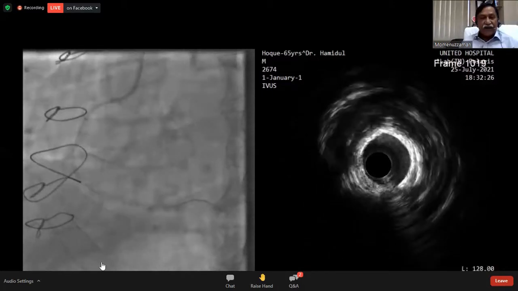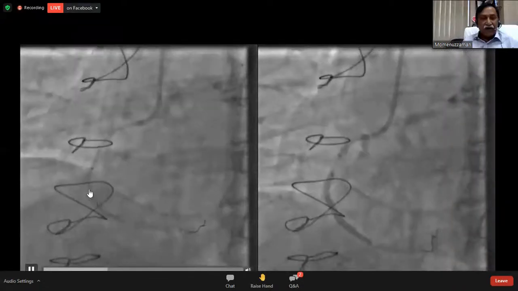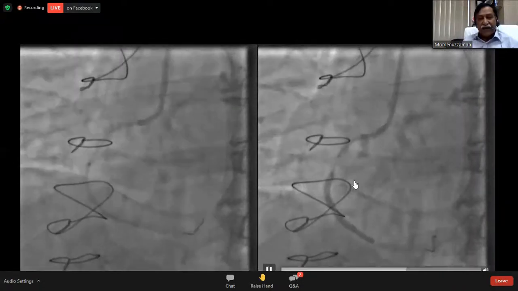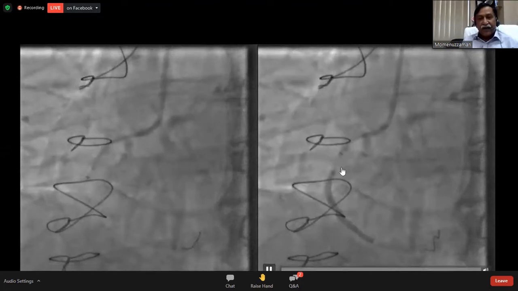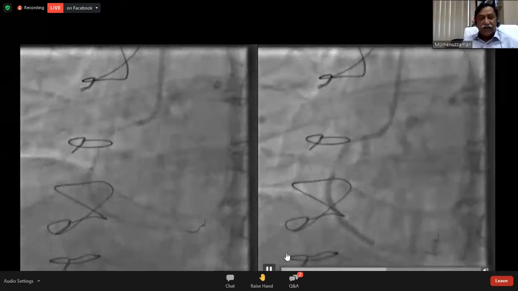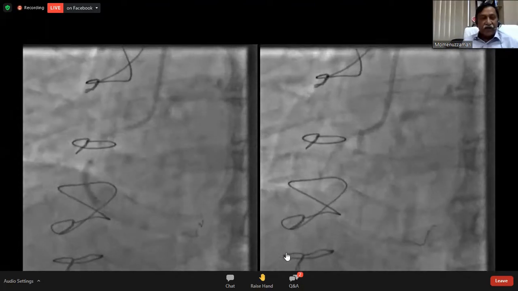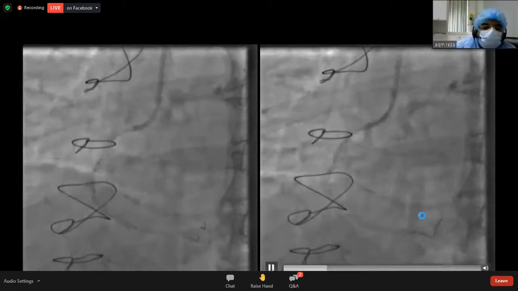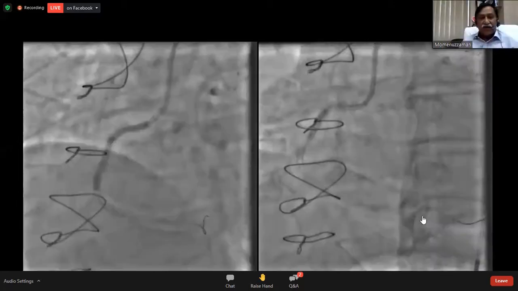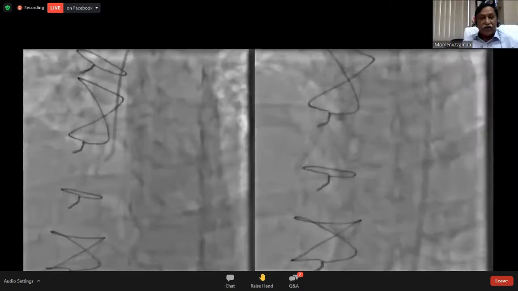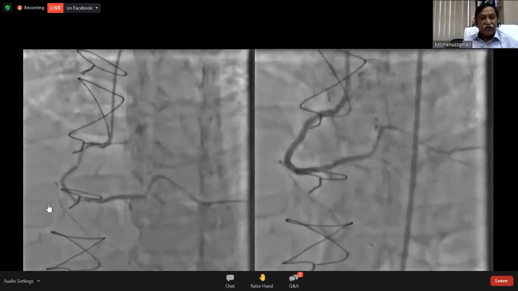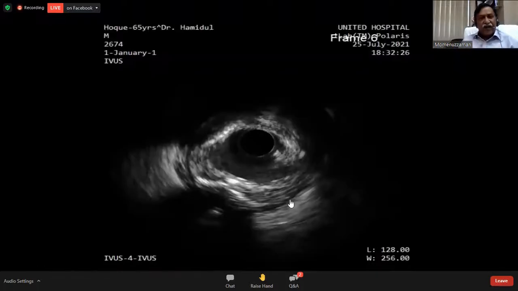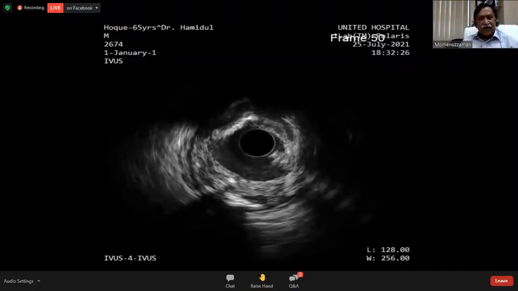So after that, I put a stent, the distal one, with the help of Godzilla, dilated it, and again I passed the Godzilla at the place where I put a second stent, and accordingly it was placed nicely, post-dilated with the balloon, and this is the final result. If you see the pre, and this is the post. This is the post stent dilatation.